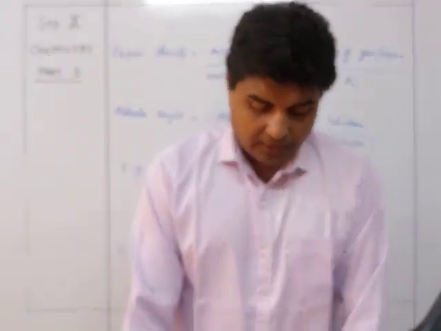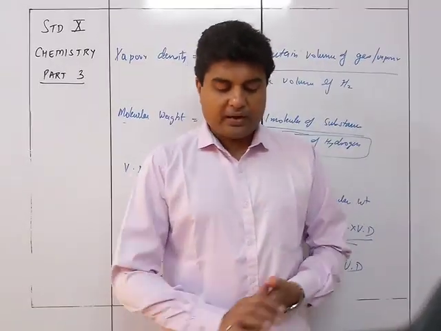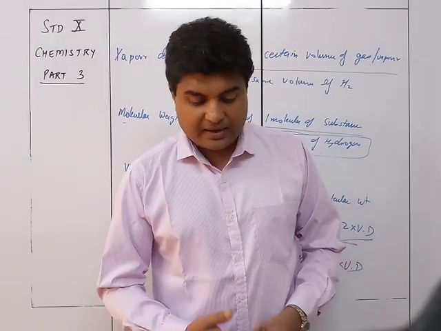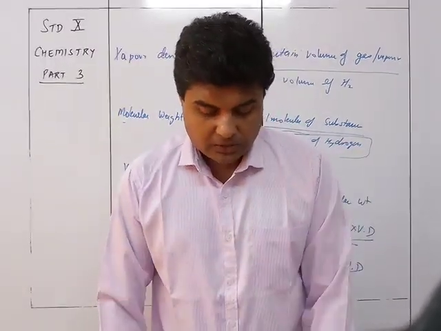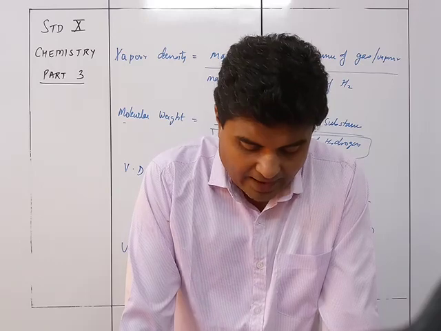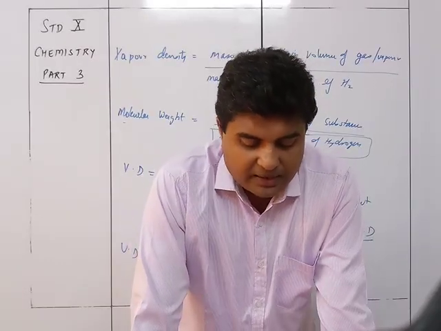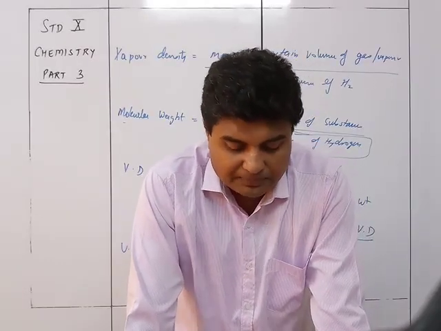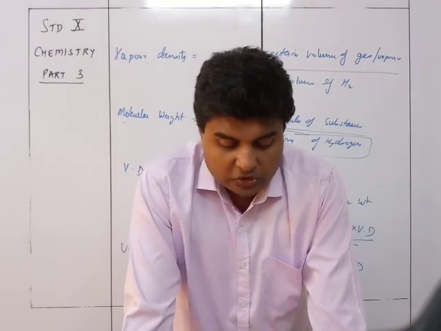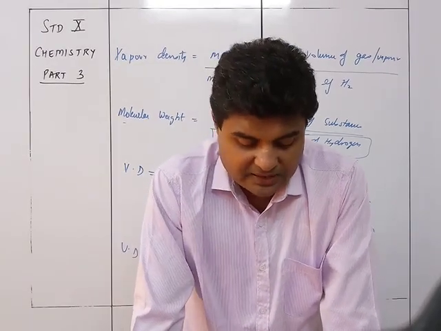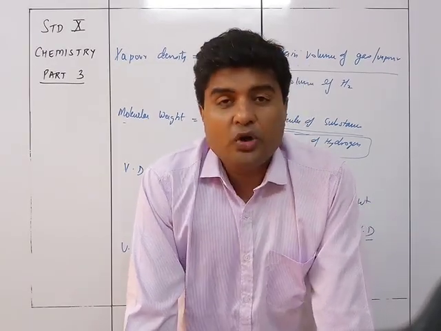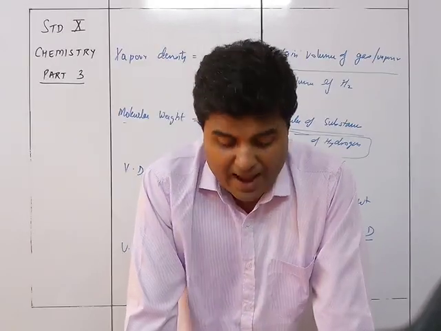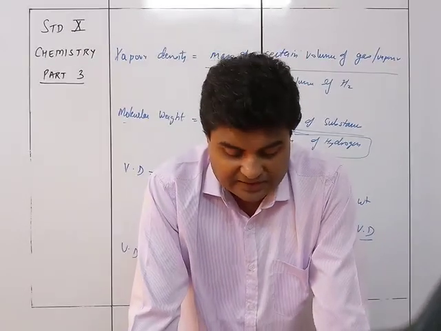The next is the relationship between gram molecular mass and gram molecular volume. So we are given that gram molecular mass is the relative molecular mass of a substance expressed in grams, also called the gram molecule of the substance, and gram molecular volume is the volume occupied by 1 gram molecular weight of a gas at STP.